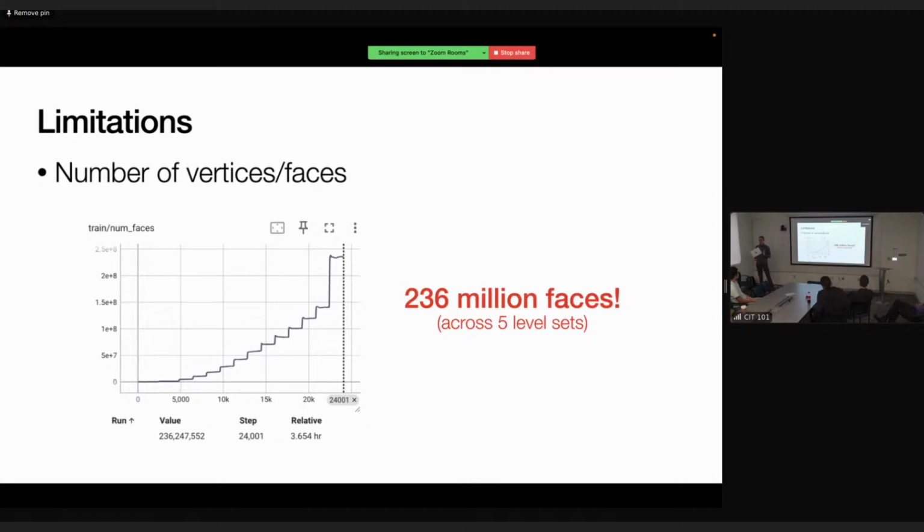So this is an absolutely absurd number of faces. And this is spread across 5 level sets. So actually the 0 level set, which is what you use in the end, is not this bad. It's like 45 million faces-ish, a fifth of this. But this is a huge number of faces. And so there is a real cost in spawning so many faces.